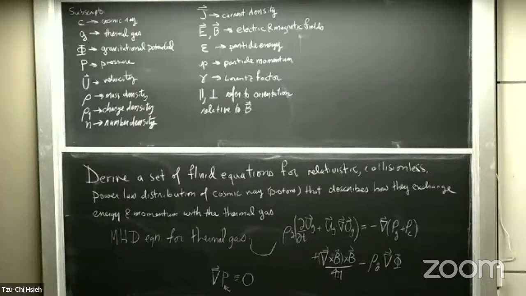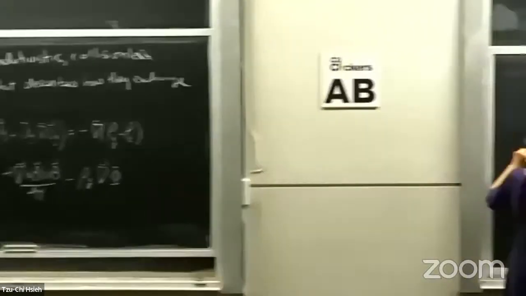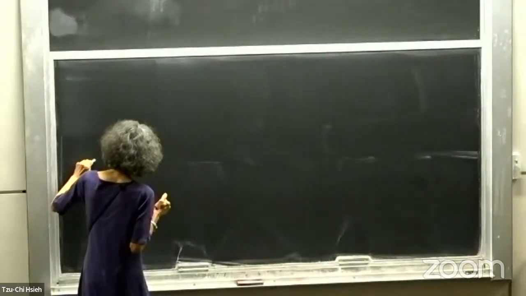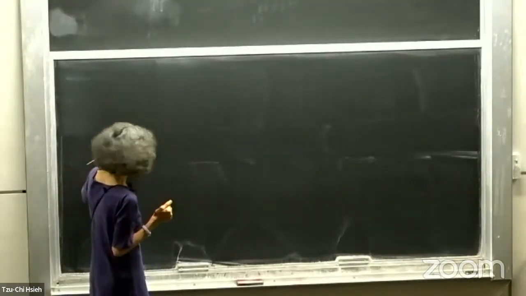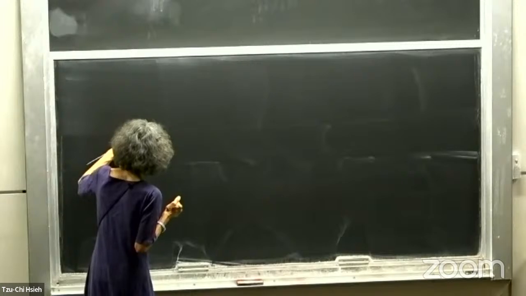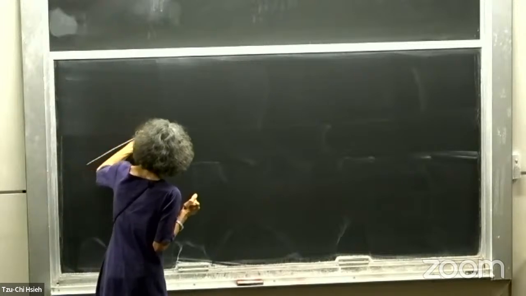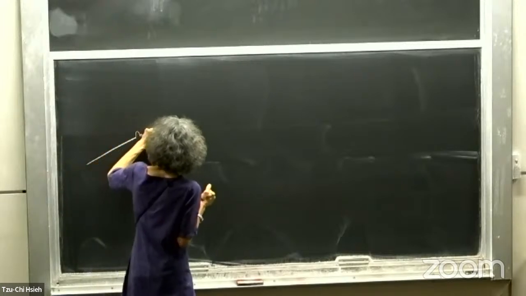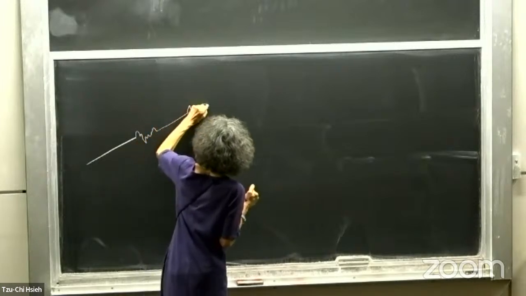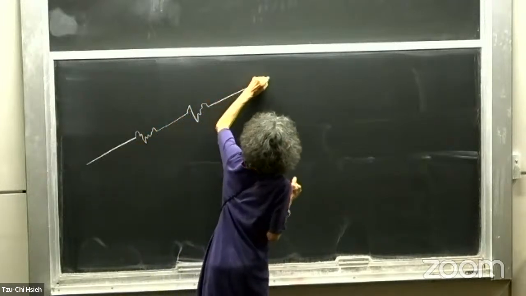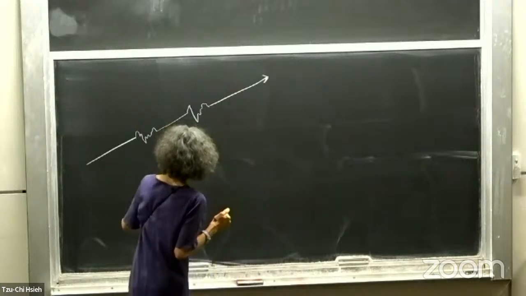So I want to explain what's going on before we launch into the details. So the idea is that if we draw a magnetic field line in our gas, it has some small scale fluctuations that sit on it that I'm just sketching in this schematic way.